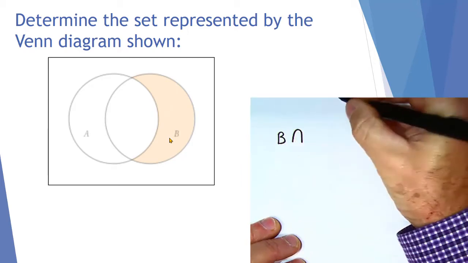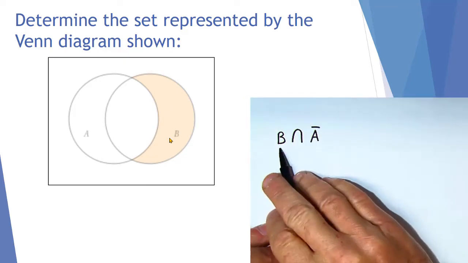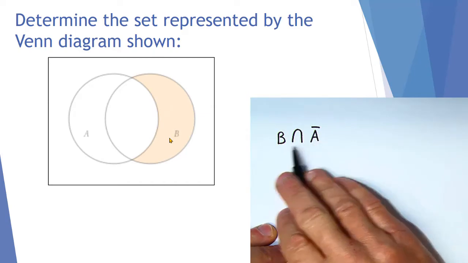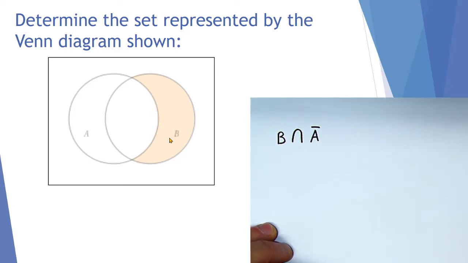We also have to be in the complement of A. So we would say B intersected with the complement of A, or in other words, we need to be within B and we need to be outside of A.